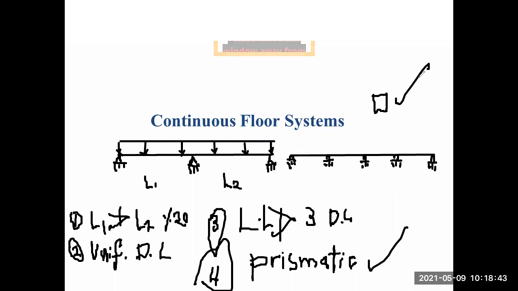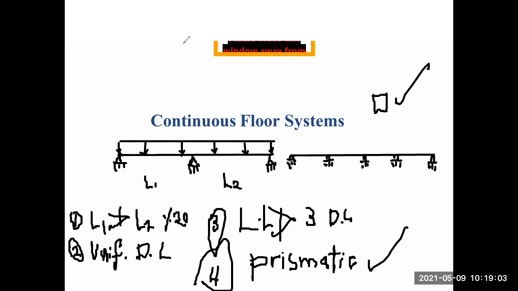Okay, when we face such a system in reality, anybody? Okay, let me see if this is two span.